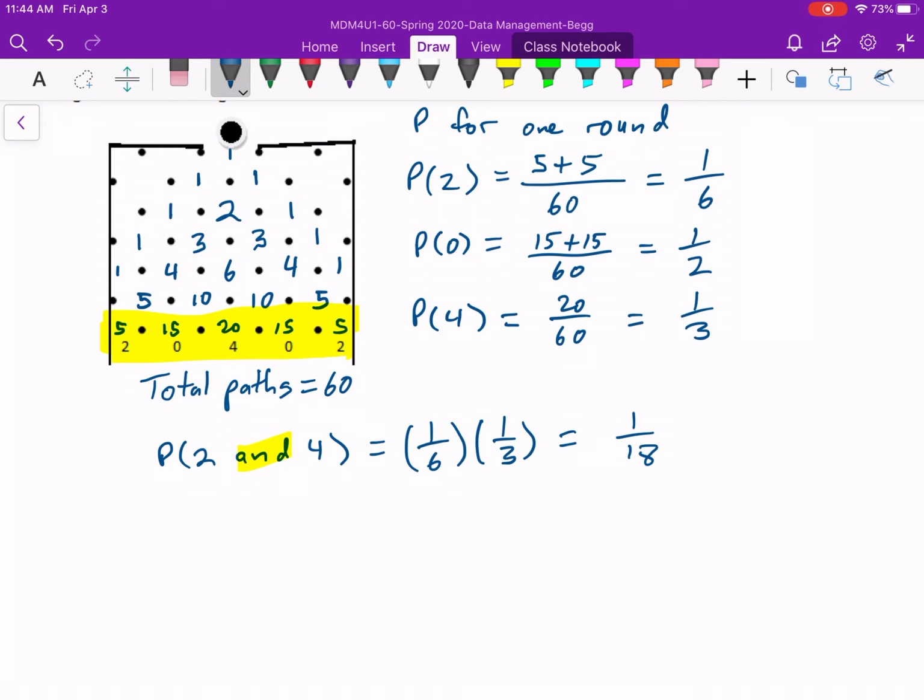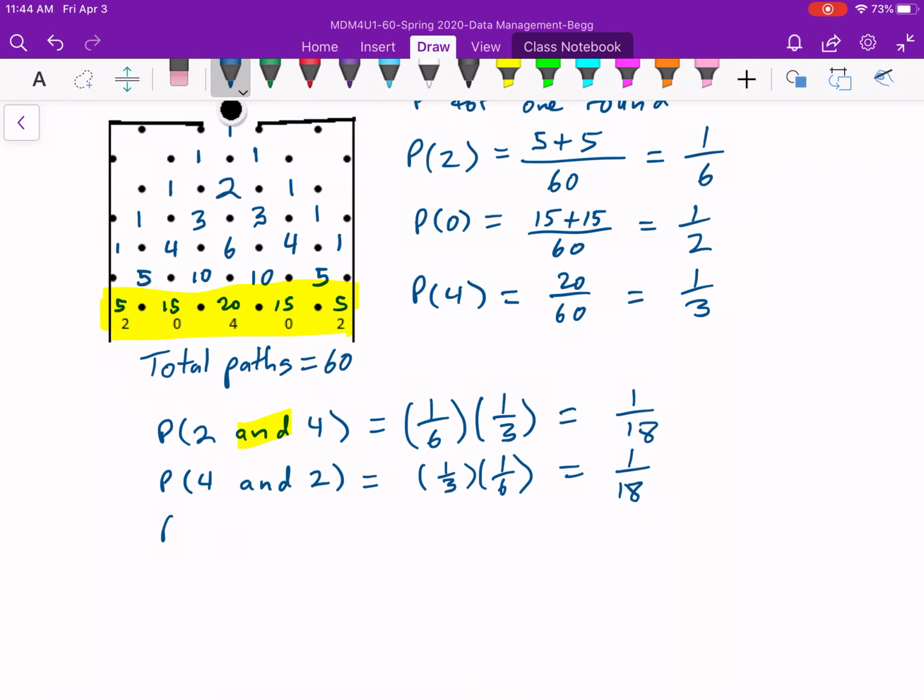And then we have to consider what happens if we get a 4 on the first turn. Well, there's two ways we could win if we get a 4 on the first turn. We could get a 2, because that would still get us 6 points. And so then again, we'd have a 1/3 probability of getting a 4, a 1/6 probability of getting a 2, which is again 1/18.